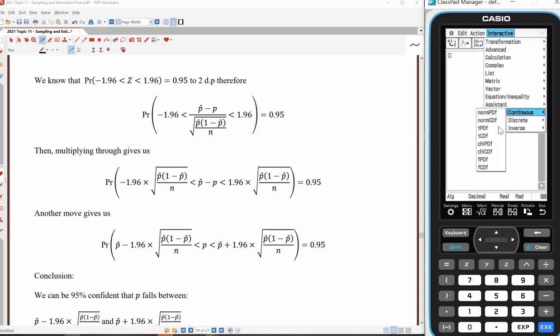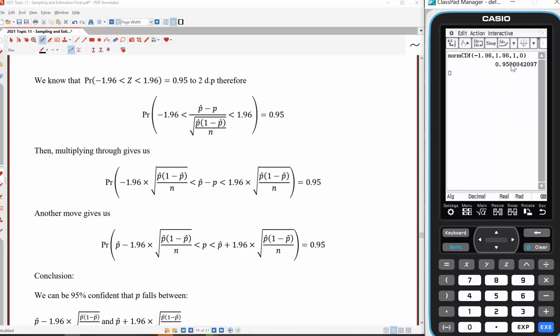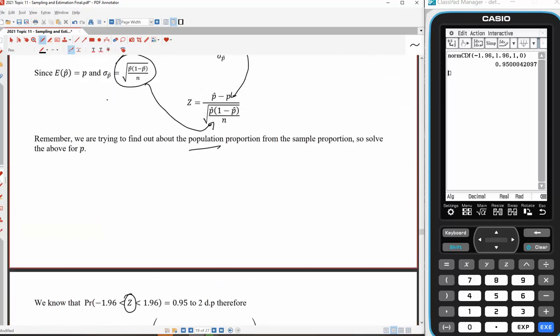So I'm just going to do continuous norm CDF, where my lower is negative 1.96 and my upper is 1.96 for the z distribution. And we get 0.95. Alright, and what we just did earlier is we said that z is this thing here.